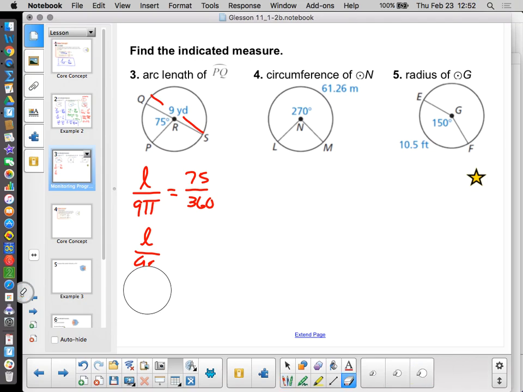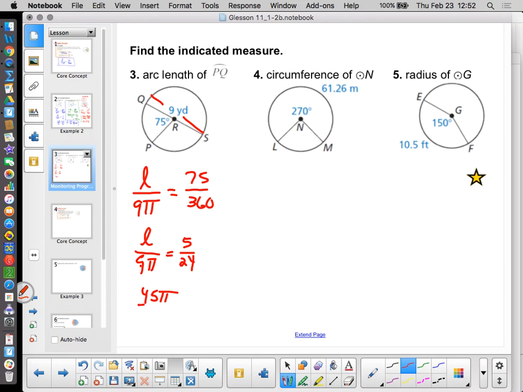So it's 5 over 24. So 5 times 9, that's 45 pi over 24 equals my arc length when I do the cross multiplying and dividing. And we should add units to that, so it's yards.